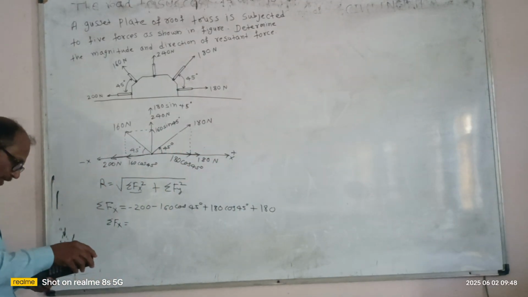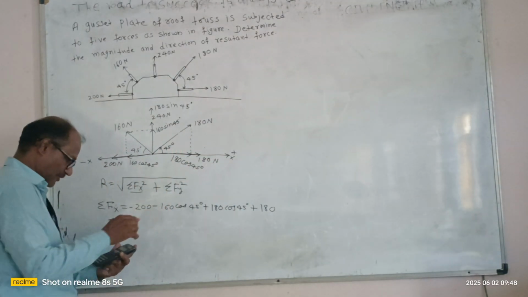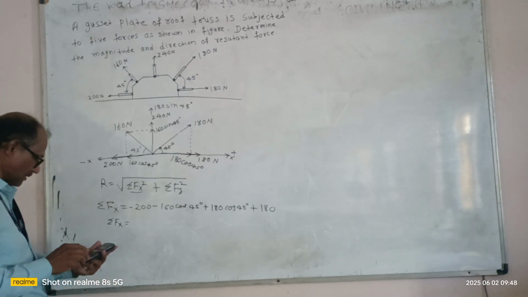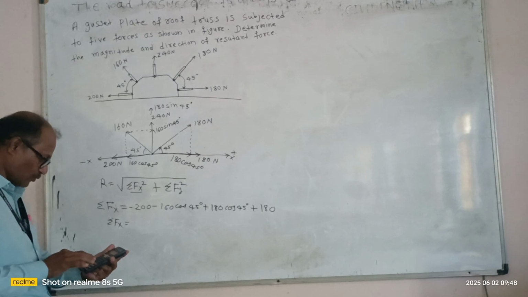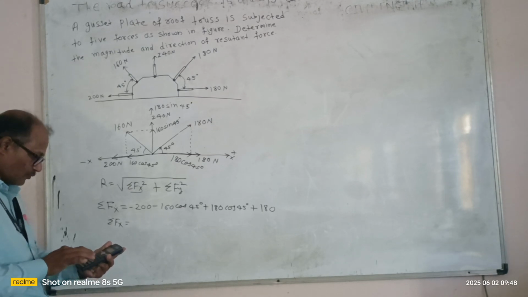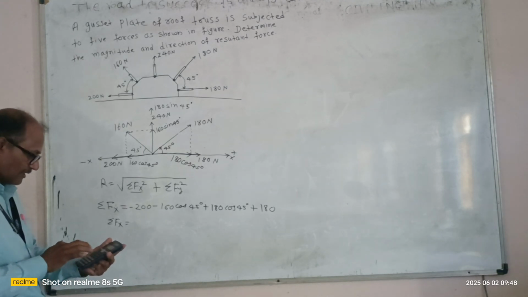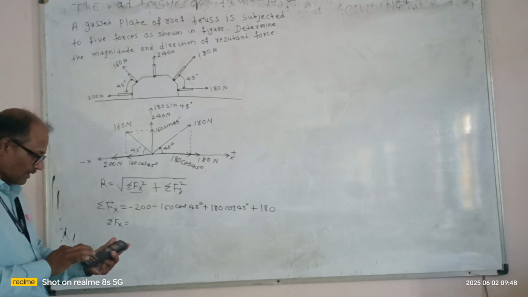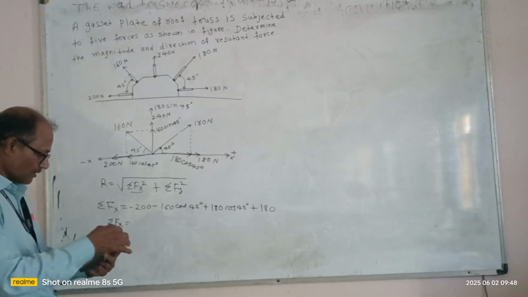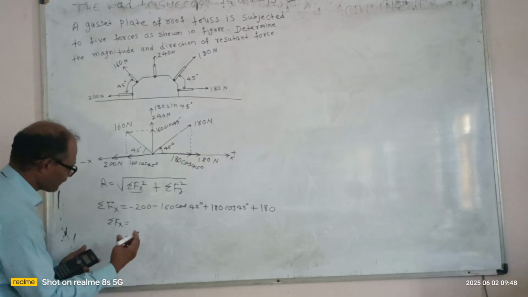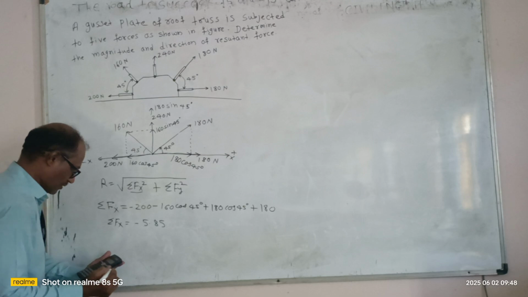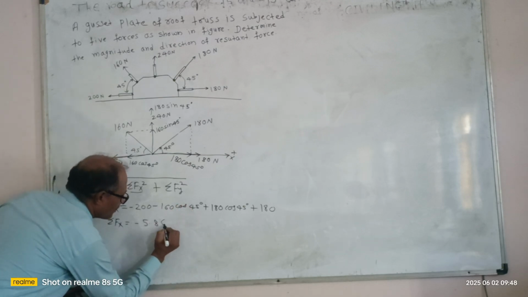Before putting this expression into the calculator, the calculator must be in degree mode. So minus 200 minus 160 cos 45 plus 180 cos 45 plus 180, it comes to minus 5.85 or 5.86 Newton.